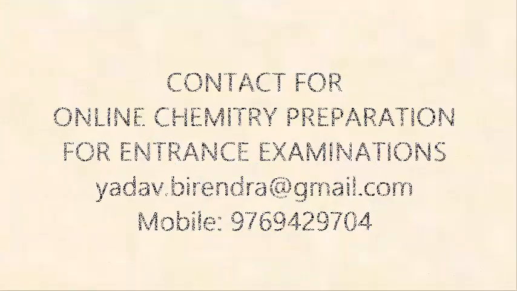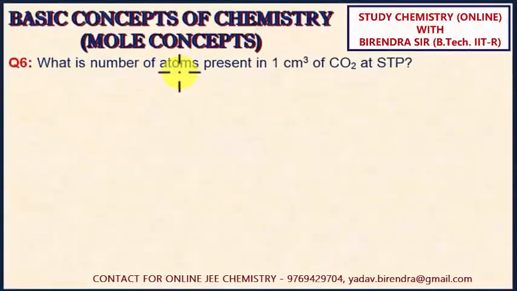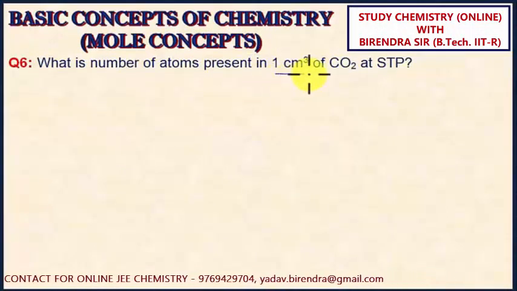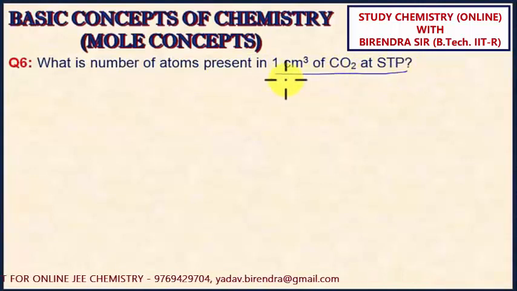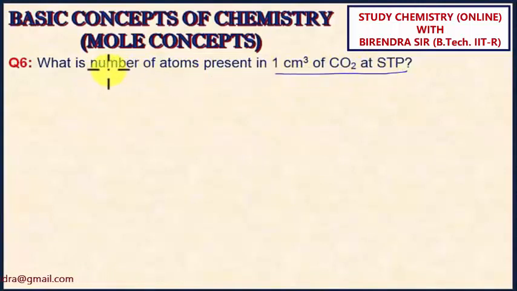Now I'll take another question here. This question says, what is the number of atoms present in 1 centimeter cube of CO2 at STP? The question is very similar to the previous question. Here volume is given at STP and the question is find number of atoms, while in the previous question, volume at STP was given and the question was find number of molecules.